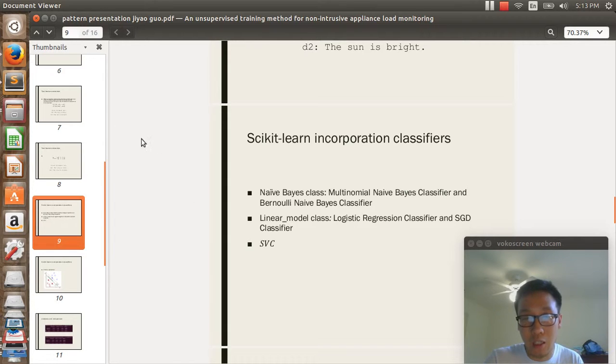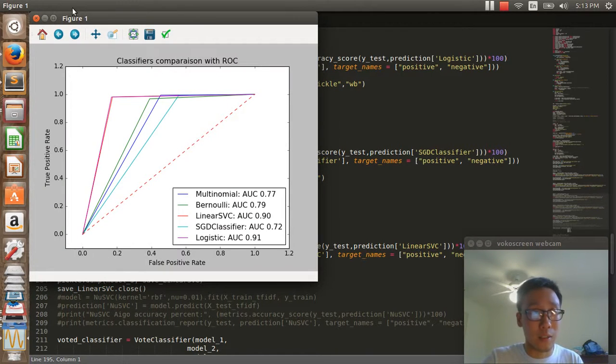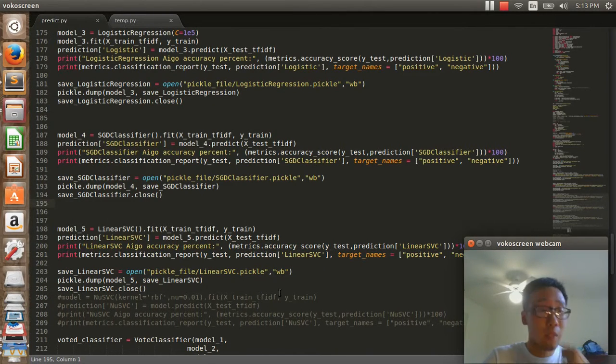During the process of getting our joint distribution, we need to compute the probability of X given Y, and X is a d-dimensional value. How are we going to do this?